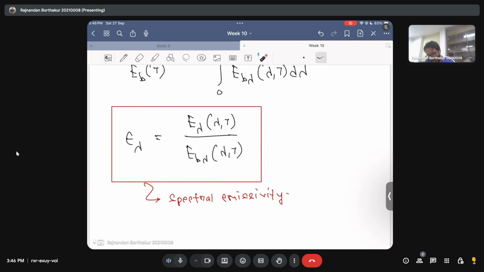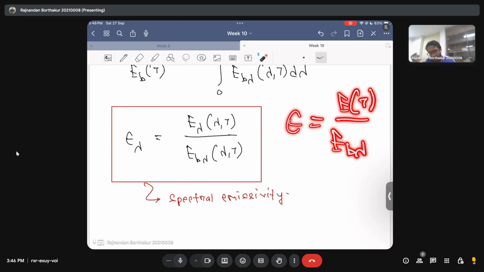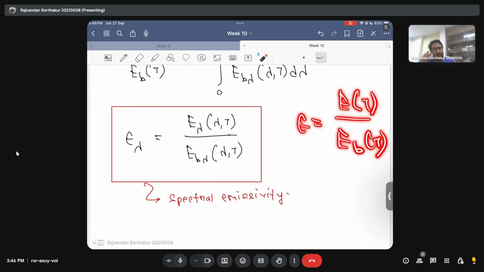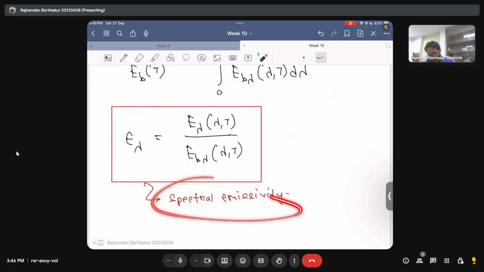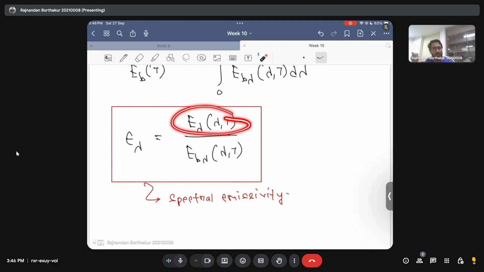While the total emissivity is defined as the total hemispherical emissive power of the real surface to the emissive power of a black body, epsilon equals E of T by E B of T, you can equivalently define a spectral emissivity equal to the spectral emissive power of a real surface to the spectral emissive power of a black body.